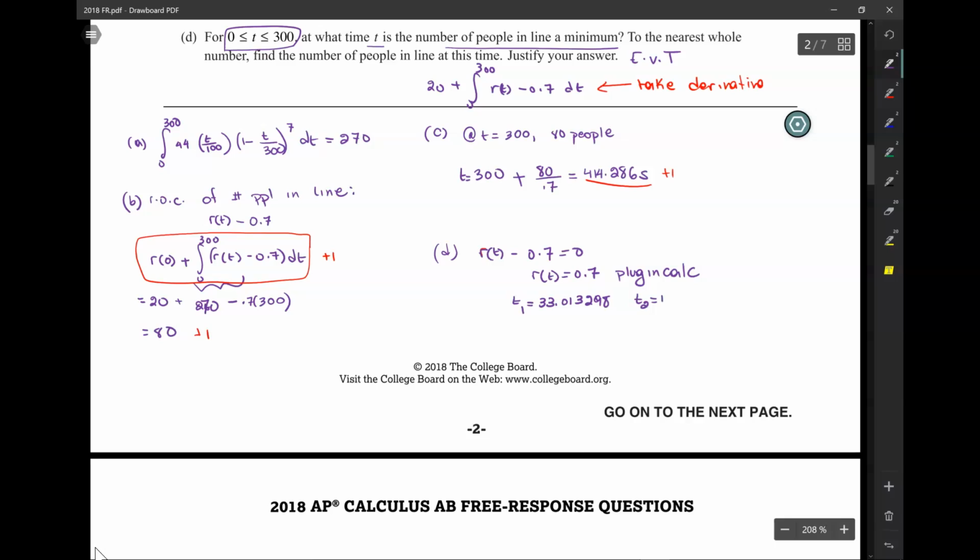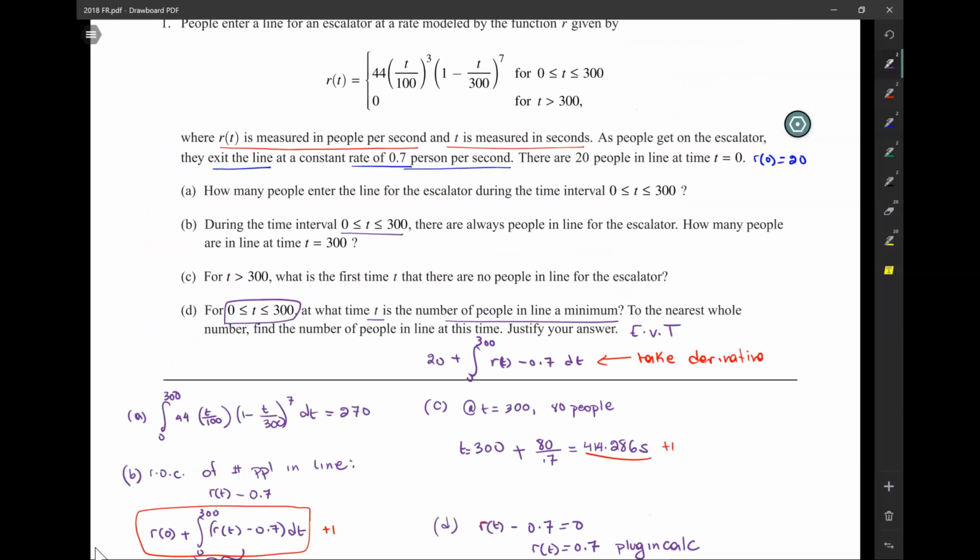For t2, plug in the actual value for R of t from up there, and then plug in 0.7 as Y1, Y2 on the calculator, and see where they intersect.